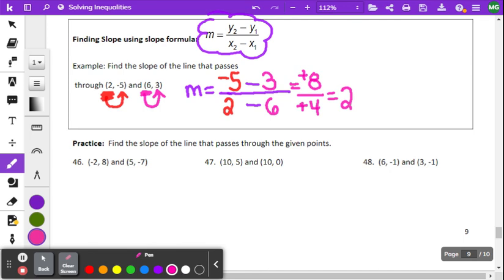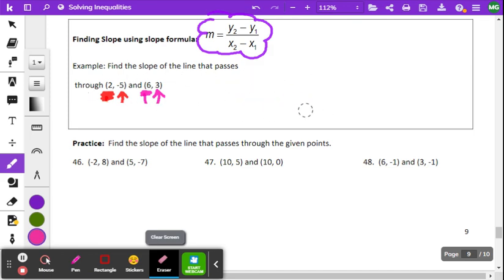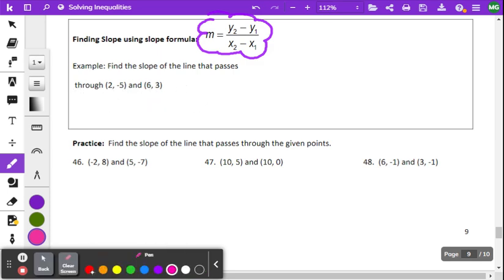Now, I'm going to go through this a second way, and if it confuses you, just don't even worry about it. You can kind of skip over this. But what some people like to do is, I'm just going to erase this. They like to label the points as x1, y1, x2, y2, and it's totally fine to do that.